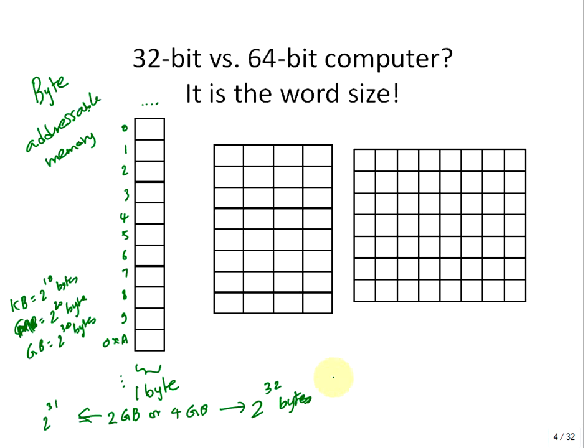That's a lot of addressable locations, right? This indicates that you need 32 address bits. To access these 2 power 32 bytes, we need 32 bits.